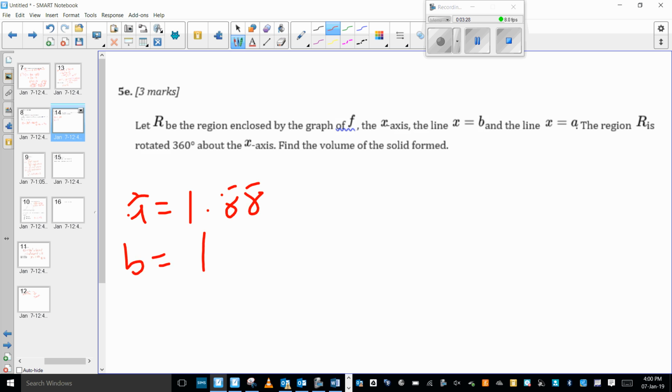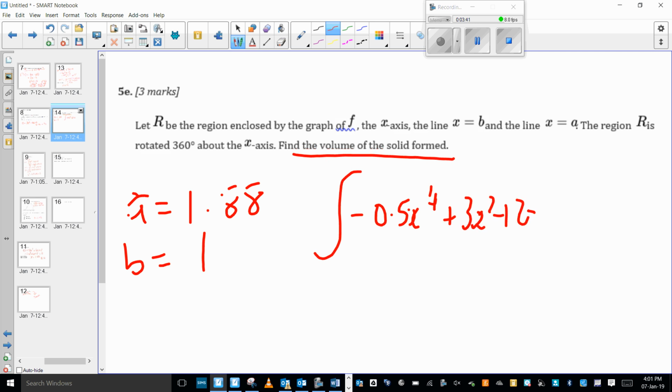We're talking about the volume of revolution, so remember that's the integral of the function, negative 0.5x to the 4 plus 3x squared plus 2x, all squared, between 1.88 and 1. It's on paper 2, the calculator paper, so we can use our calculator to do it.